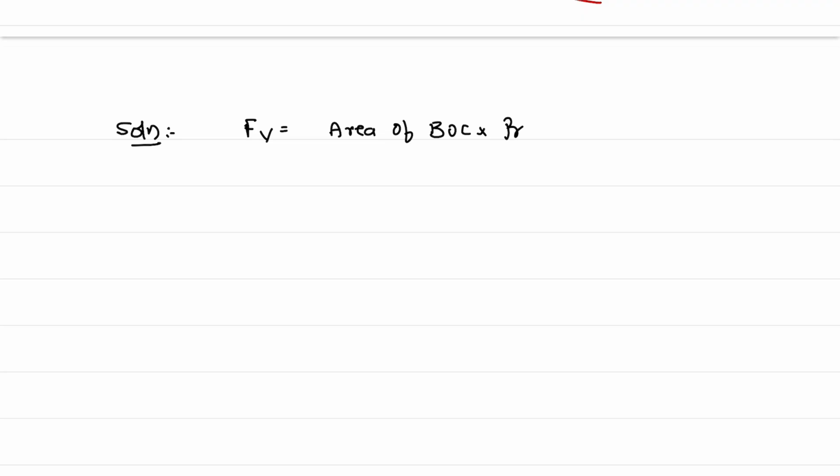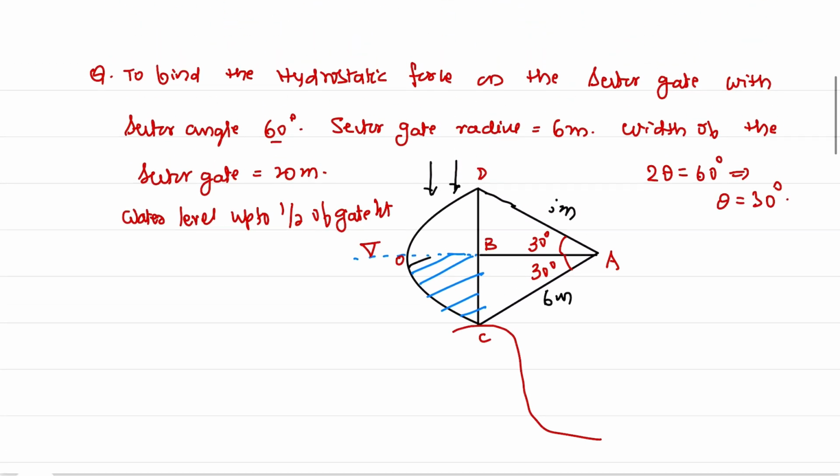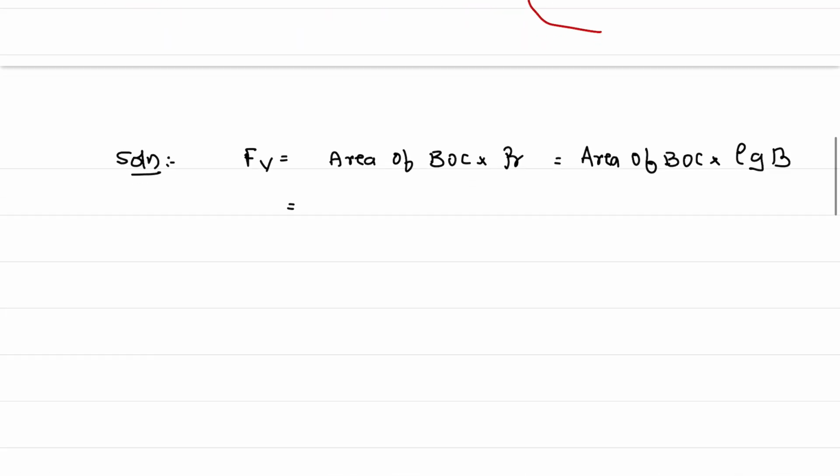Rho g h, that is rho g B. Width is already given, the width of the sector gate is 20 meters.